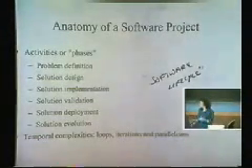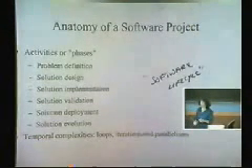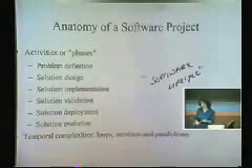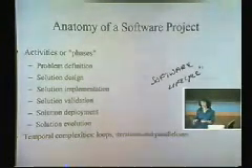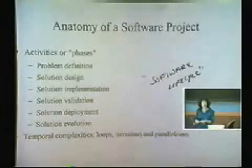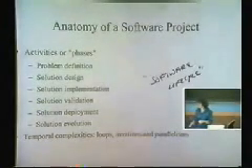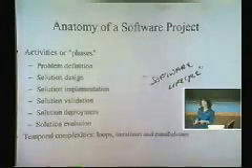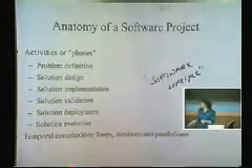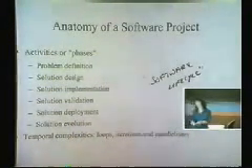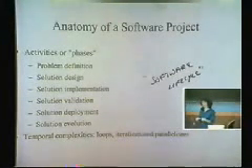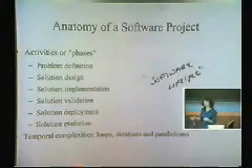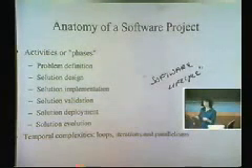But as the textbook points out, you can actually validate the solution, and you should validate the solution at a much earlier stage if you can. So you should be able to validate your design before you write any code at all. And the earlier you can start doing validation, the more successful it's likely to be in terms of identifying problems.